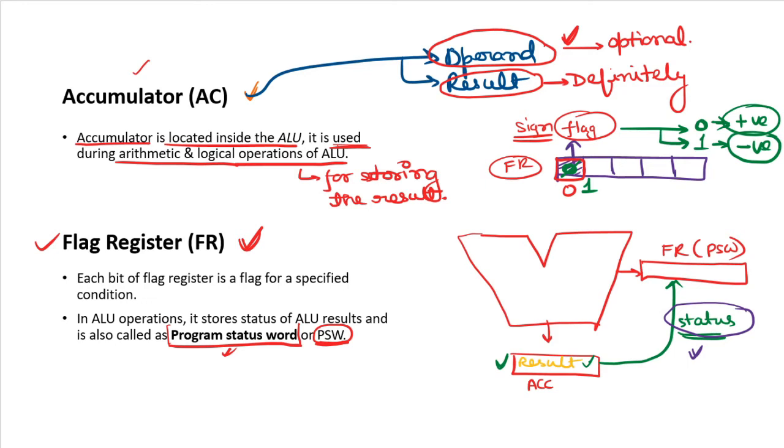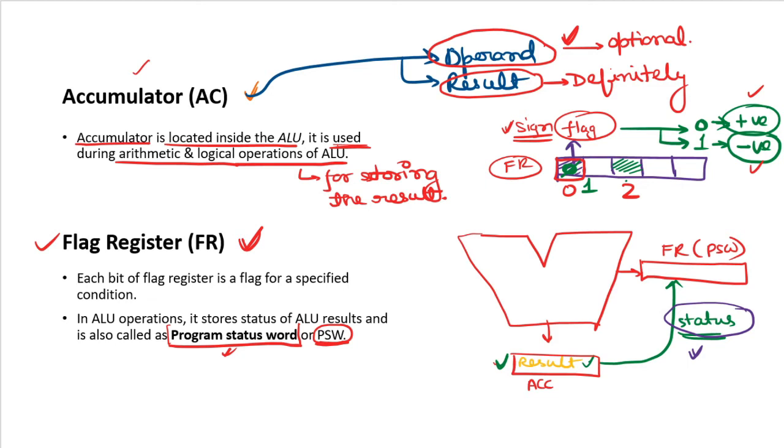In a similar manner, different indexes are assigned to different flags. So there are certain flags that represent the status of this result. The result being positive or negative is the status of this result.